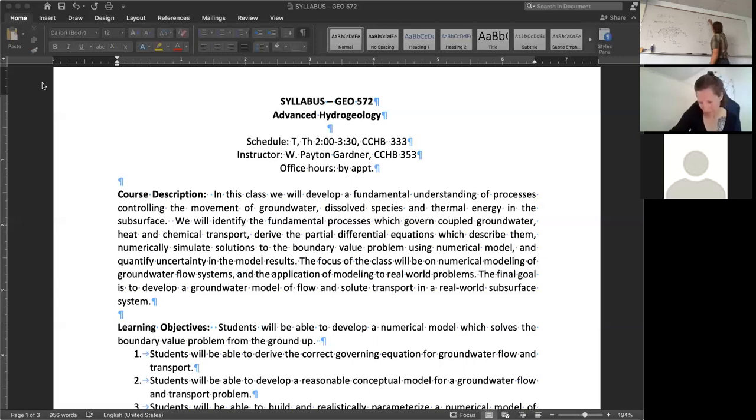So we can plug Darcy's law in here for Q of x. We just plug this right in here. For Q of y, negative K dH/dy goes in there, and negative K dH/dz goes in there.